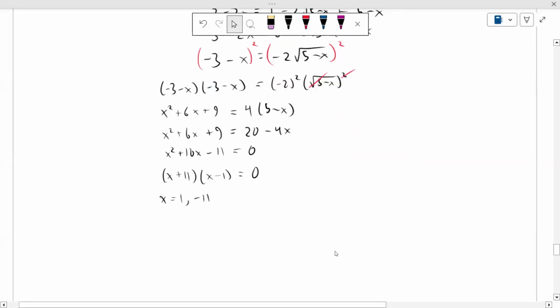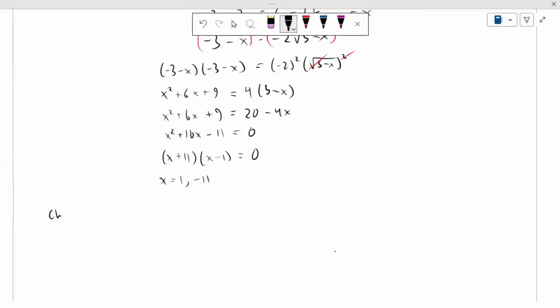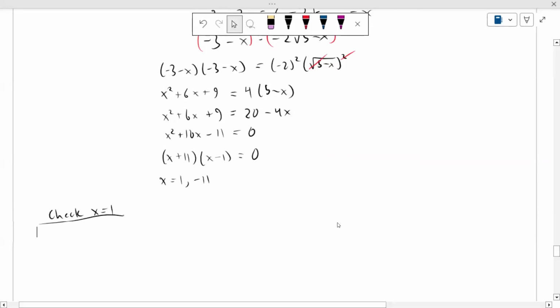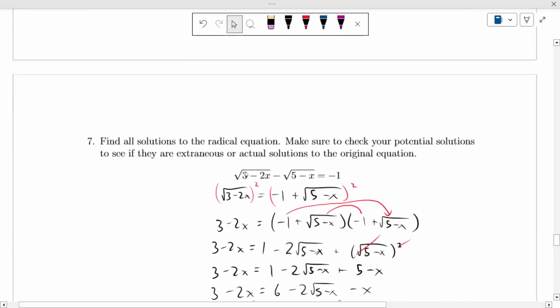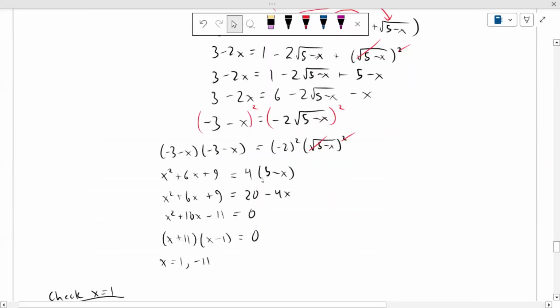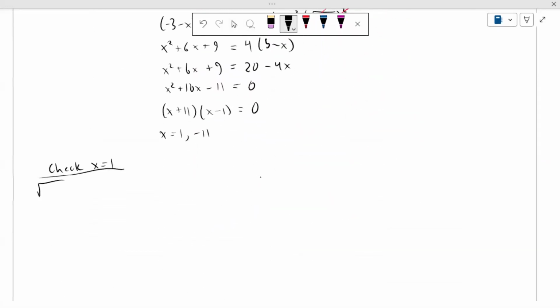So let's start off this way. Let's check x equals 1. I've got to scroll up for just a second so I can remember what the function is here. We have the square root of 3 minus 2x minus the square root of 5 minus x equals -1.